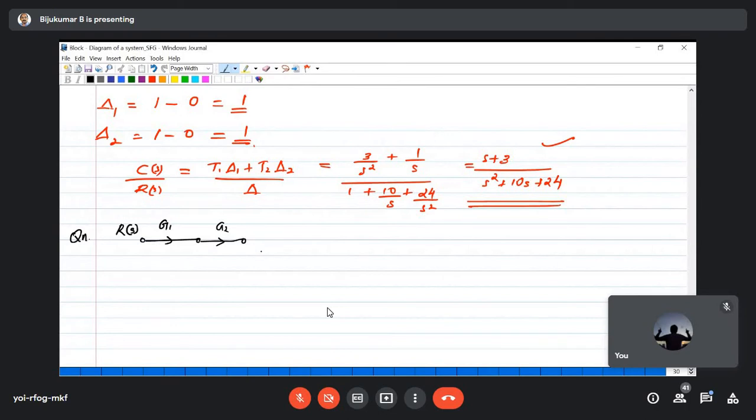G2, G3, G4, G5. Look at this point, H1, and then it is here, H2.